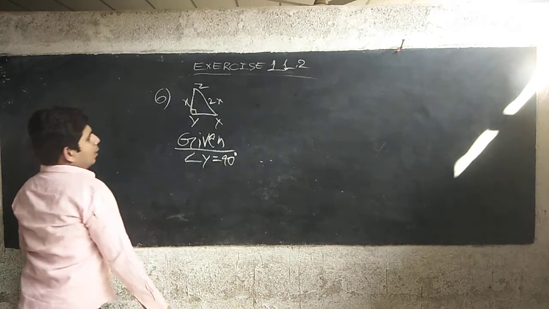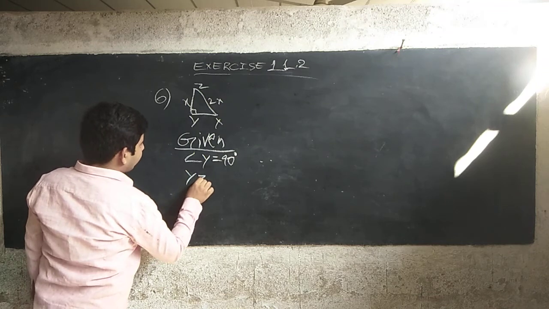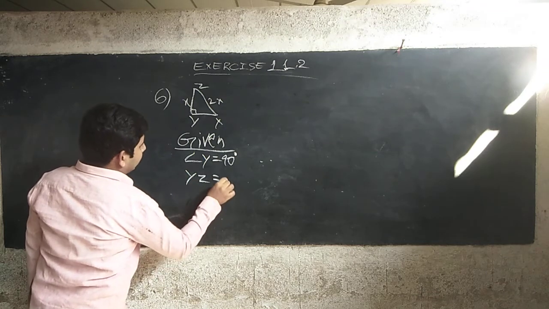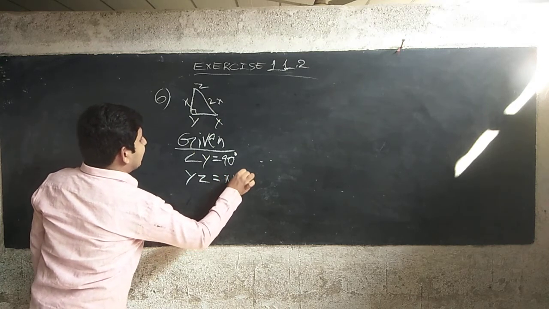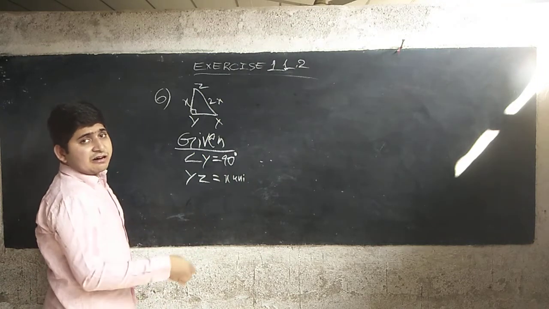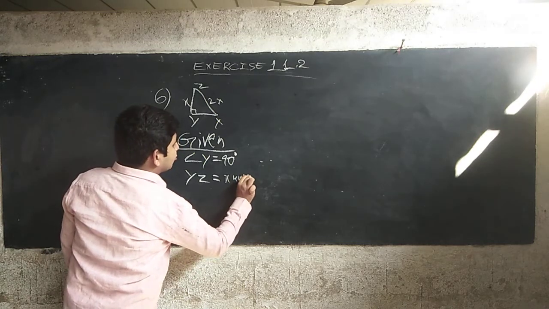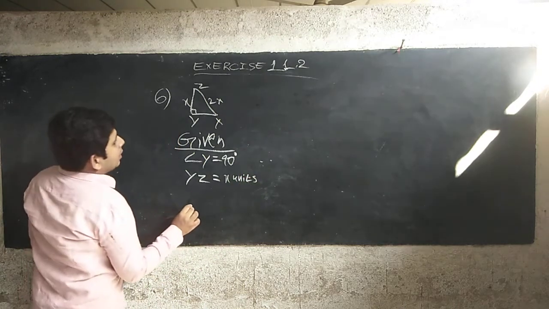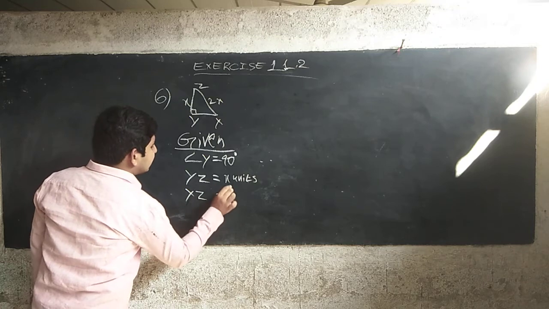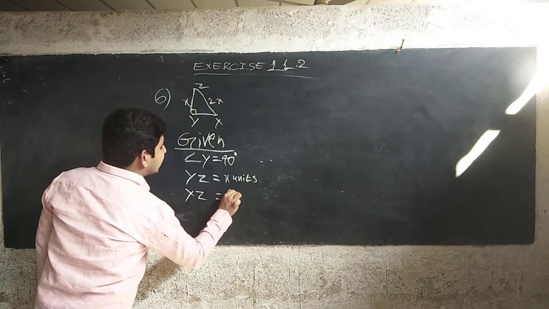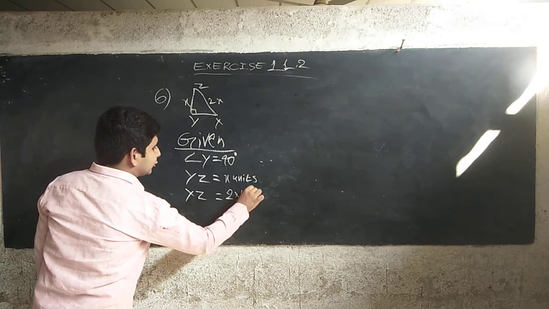Okay, now yz is equal to x units. Why? Because the dimension is not clear, so we have to consider x units. And xz is equal to 2x units.